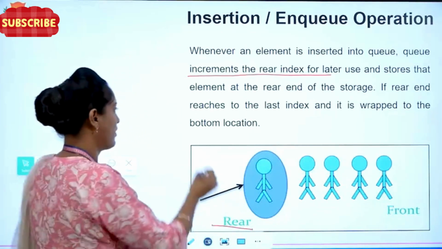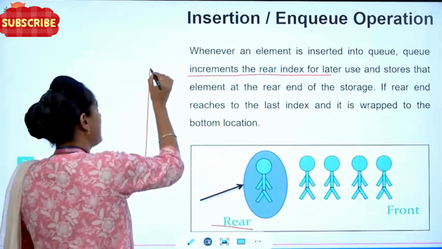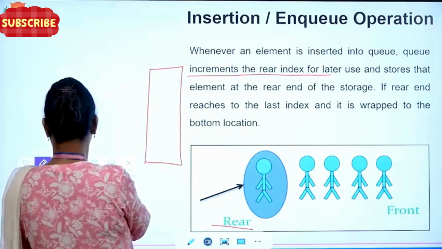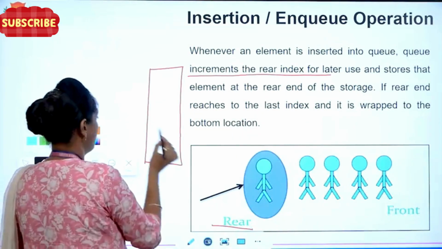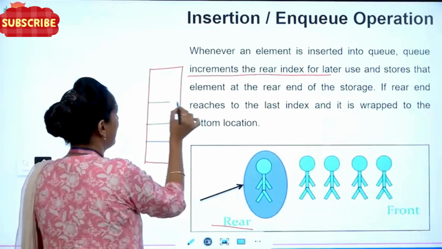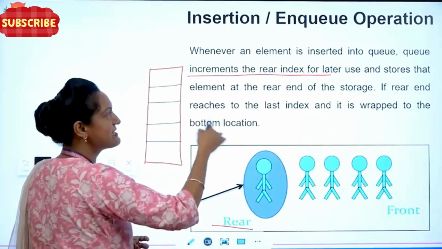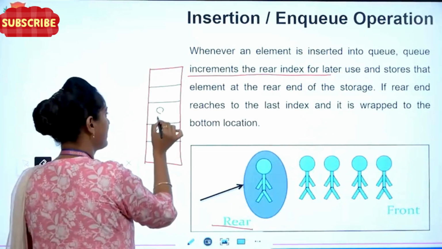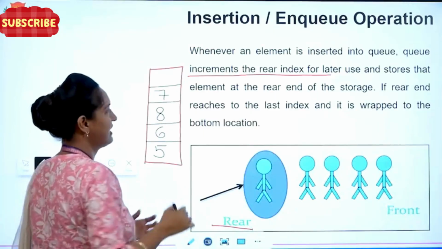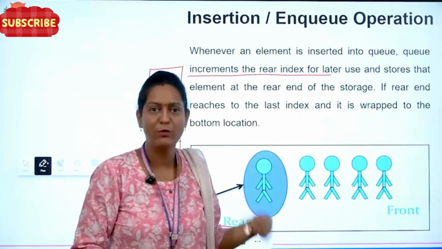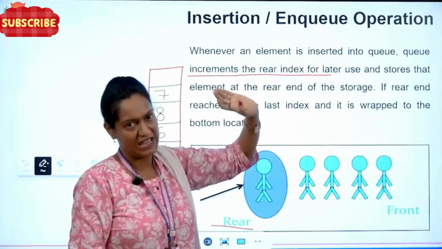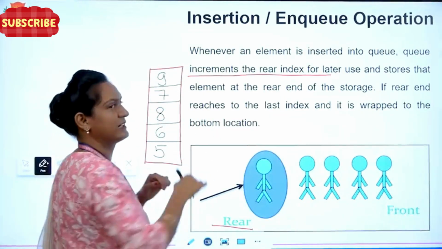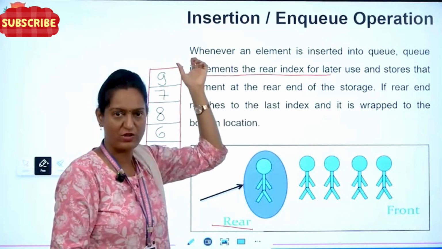What does it mean? For an example, I have a queue, and I want to insert a value, right? So I have inserted some values like this. Now I want to insert one more element with the help of the Enqueue operation. So now I inserted 9 at the last storage of the queue.